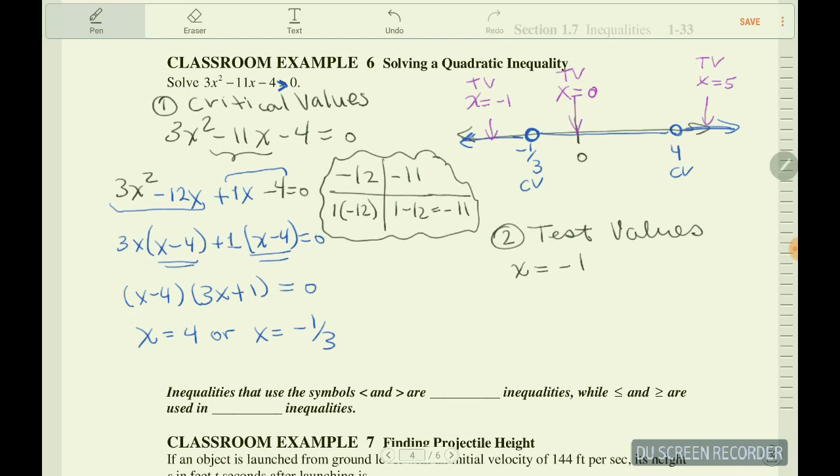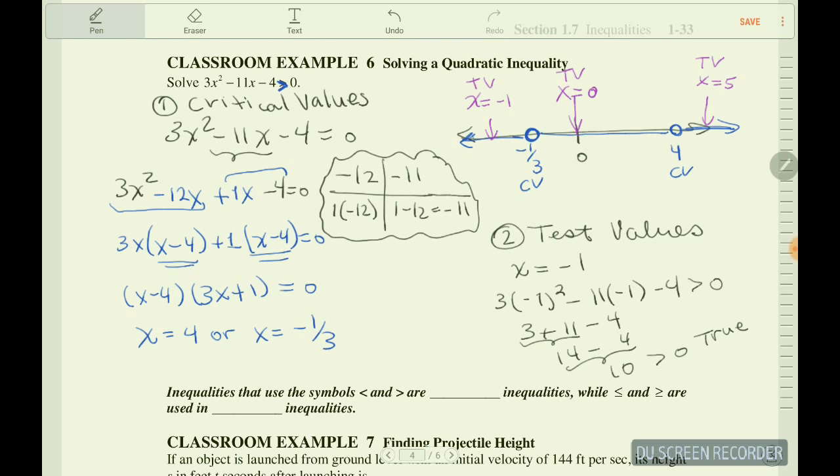So plugging in 3 times -1 squared minus 11 times -1 minus 4 to see if that is strictly greater than 0. -1 squared will be +1 times 3 will be 3. -11 times -1 will give me a +11 minus 4. This gives me 14 minus 4, which gives me 10, and 10 is greater than 0.